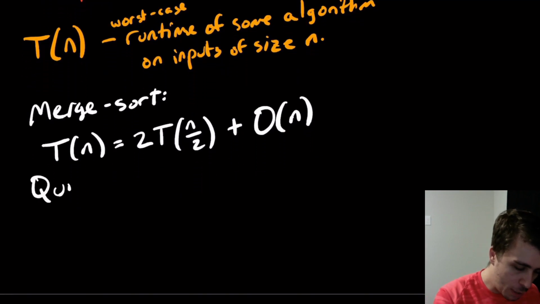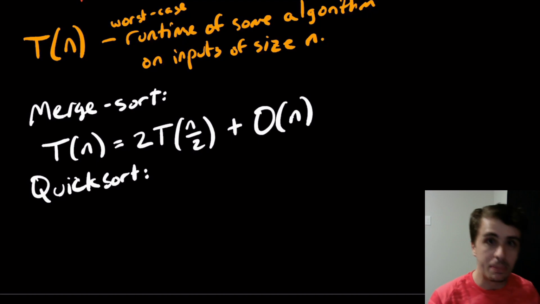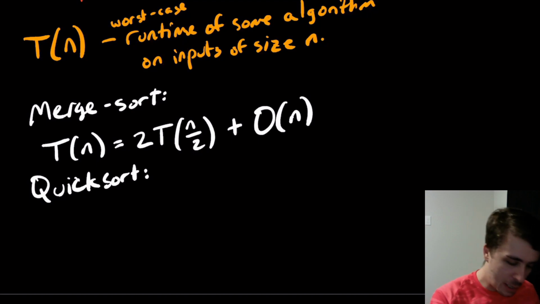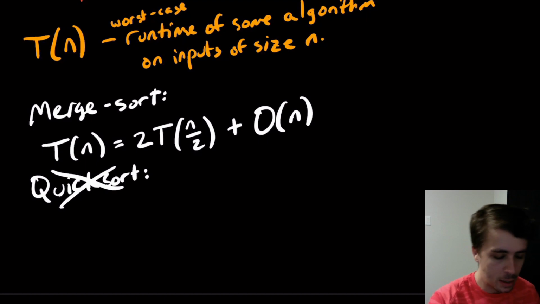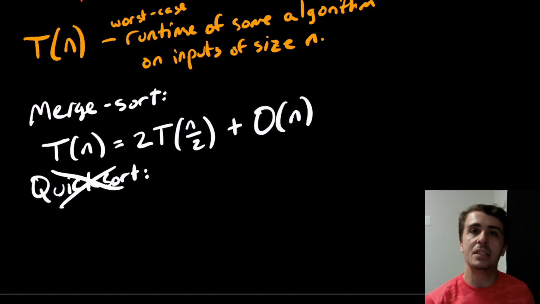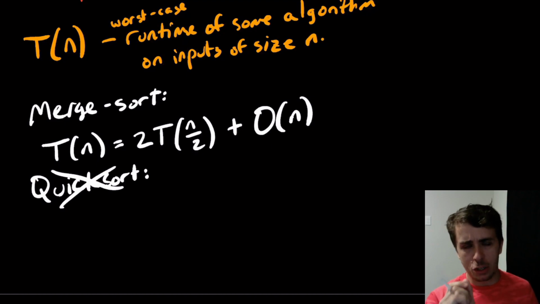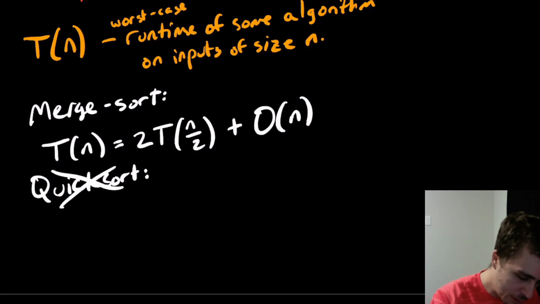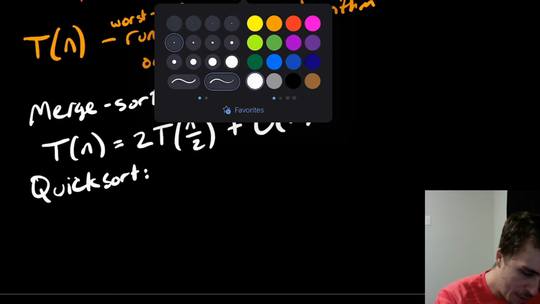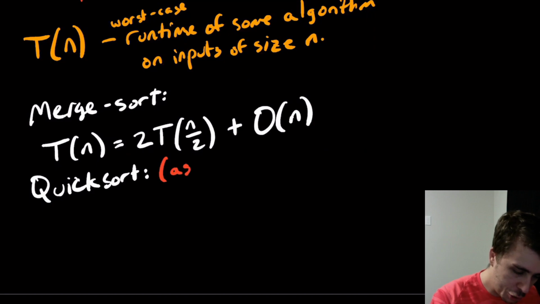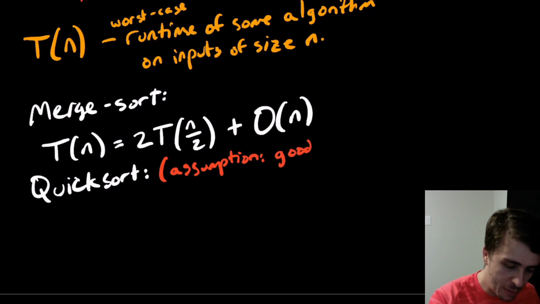And for Quicksort, we saw something similar, but I'm actually not going to talk about that here, purely because it depends on the choice of the pivot. If we picked a really good pivot, actually let's talk about when we have a really good pivot. So the assumption here is a good pivot was chosen.